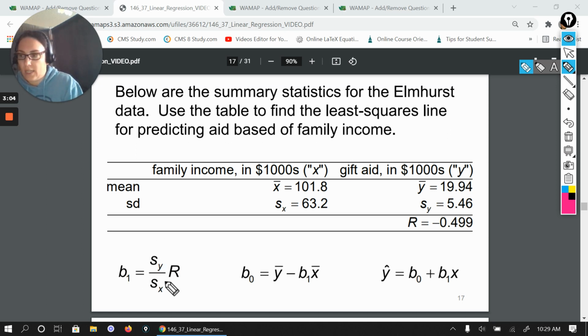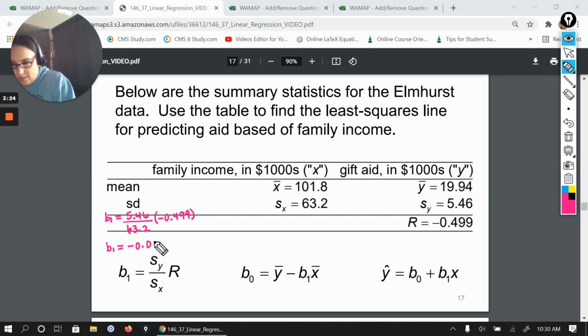We have the formula here. b1 equals sy, which is 5.46, divided by sx, which is 63.2, times r, which is negative 0.499. So b1 is equal to negative 0.0431. That's an estimate rounded to 3 significant digits.